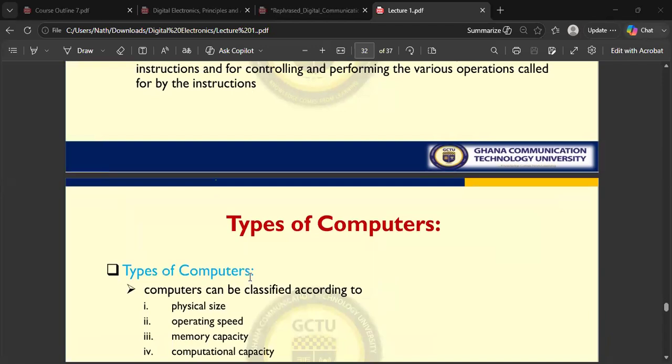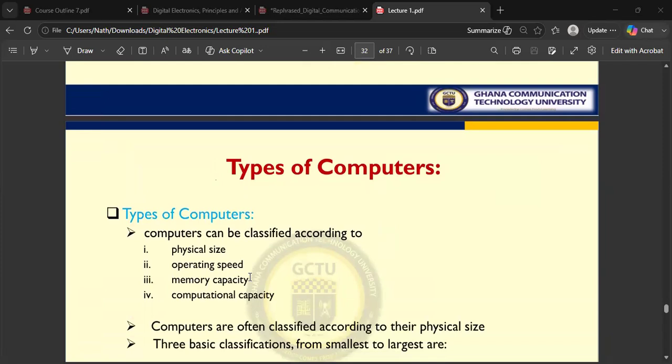So we can look at four main classifications. You have the ones that are classified based on physical size, the ones classified based on operating speed, and then the ones classified based on memory capacity and computational capacity, right?